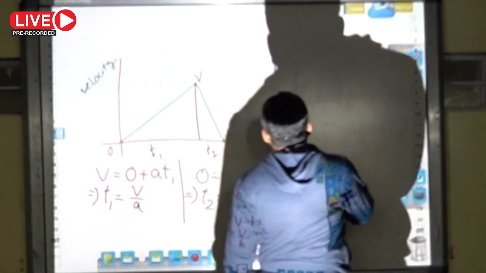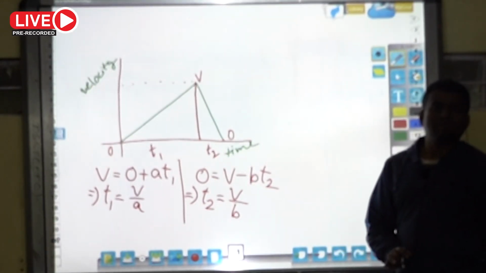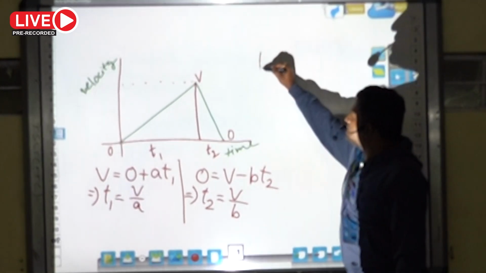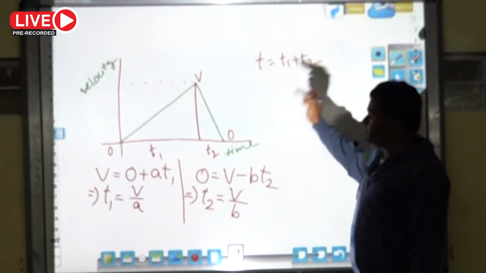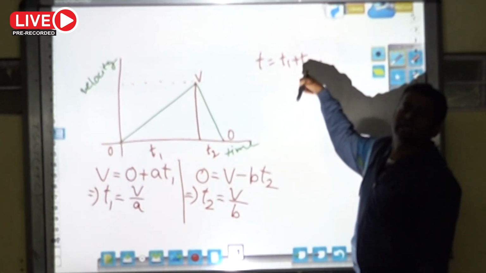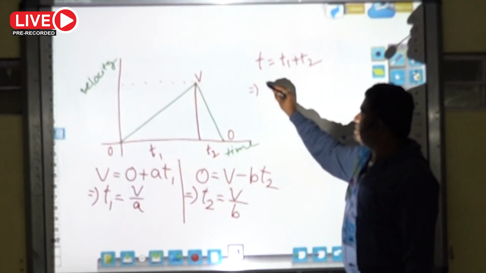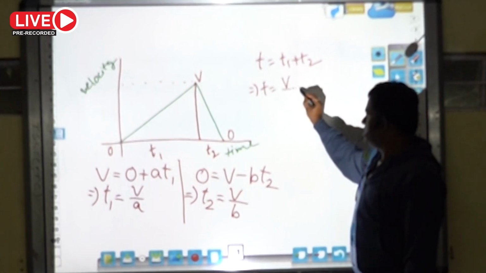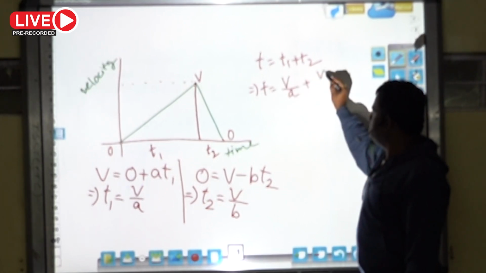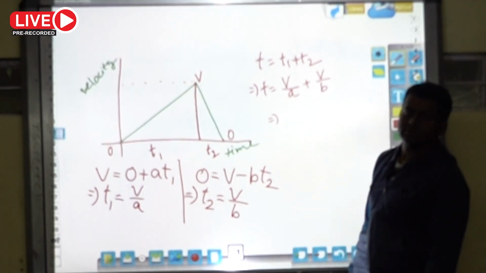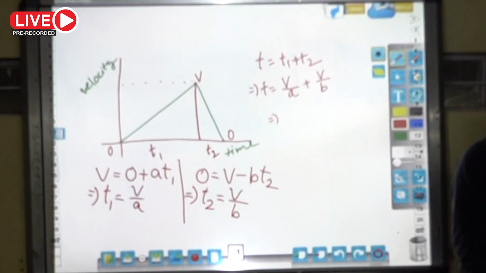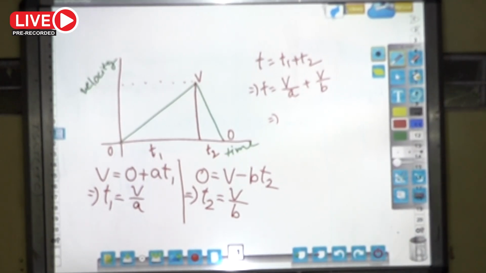Now, the total time taken is given in the problem, that is small t. So we can write t equal to t1 plus t2 and put the values of t1, t2 here to find the value of v. So t will be equal to v by a plus v by b. Take v common and solve. Find the expression for v from this.